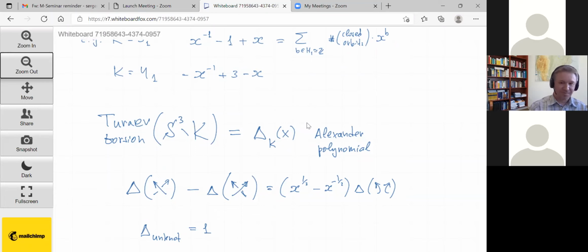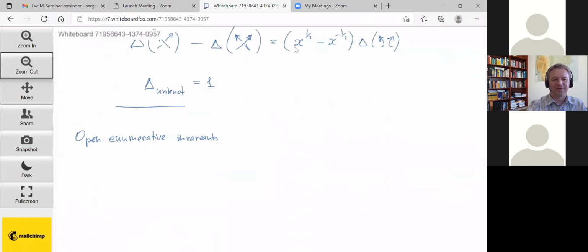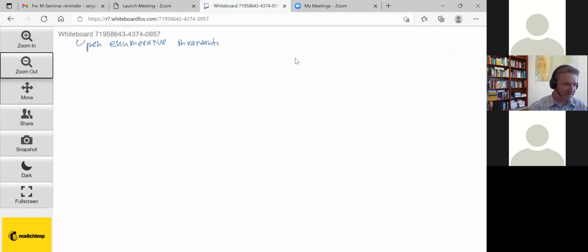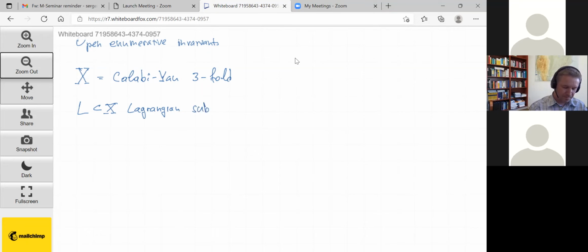Here, one standard setup is where you start with a pair (X, L), where X is a Calabi-Yau threefold and L is a Lagrangian submanifold. Everything will be non-compact. Yes, for the application that we want, everything will be non-compact.